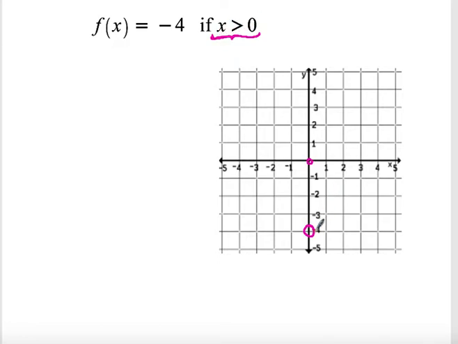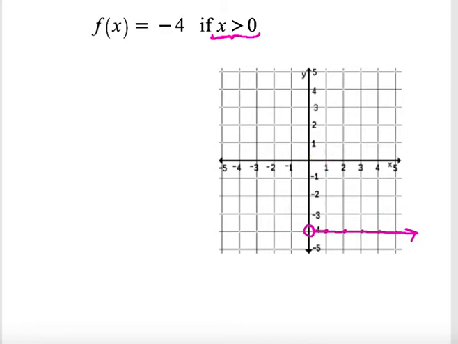But as soon as x is 0.1 or 0.01 or 0.0001, f of x is going to be -4. When x is 1, we're at -4. At 2, at 3, at 4, at 5, forever, my function is going to be at -4.